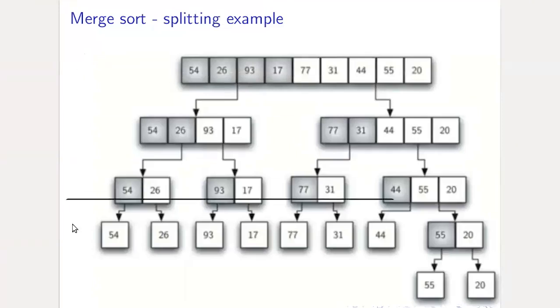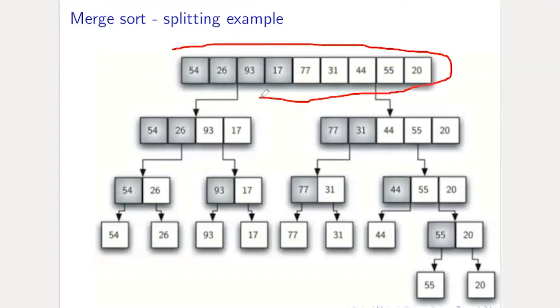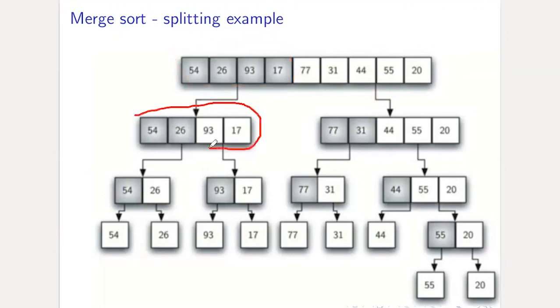So here's the splitting happening. So this is the original list, right? And initially it gets split at that point, and then you have this one, and then this one gets split at this point.